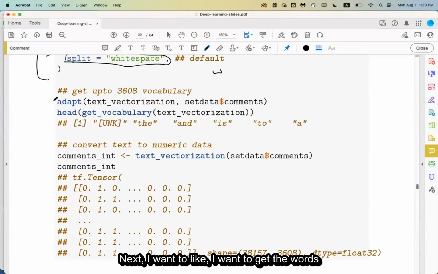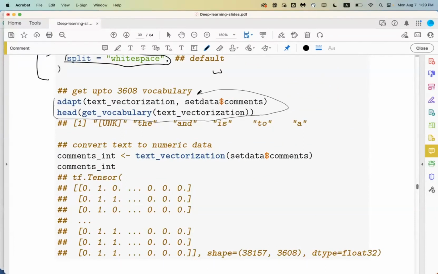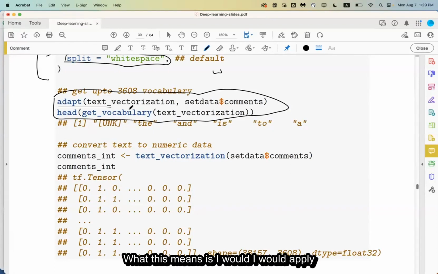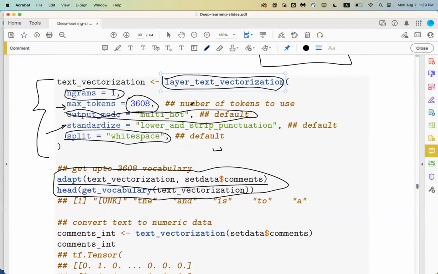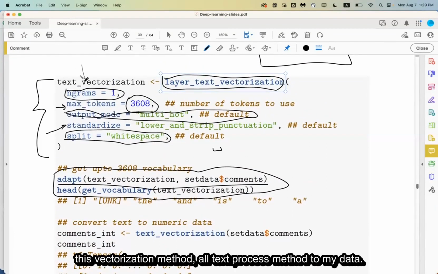Next, I want to get the words in the data. So I can use the depth. What this means is I would apply this vectorization method or text process method to my data.